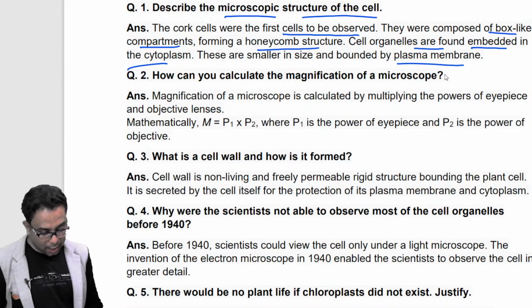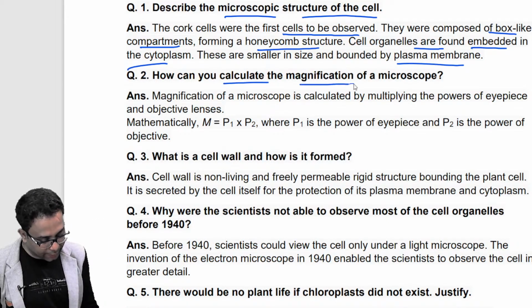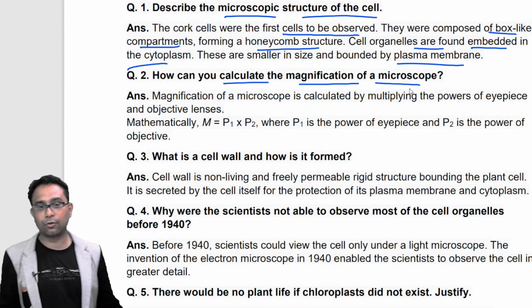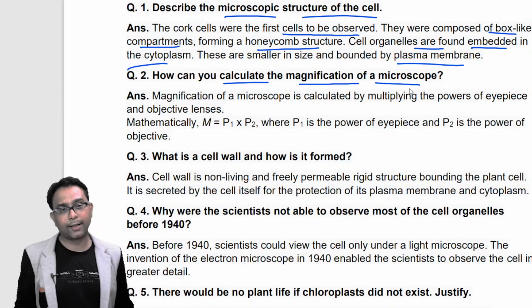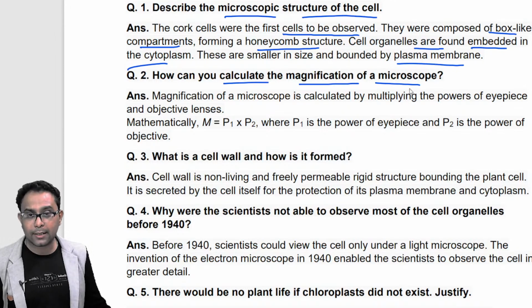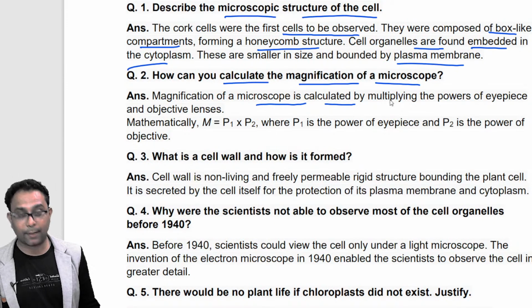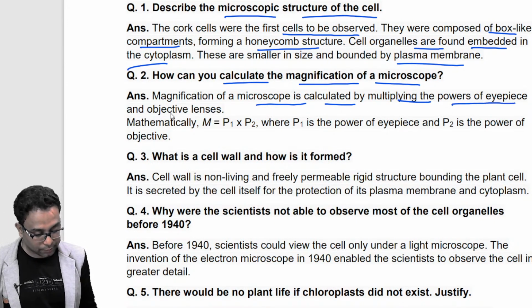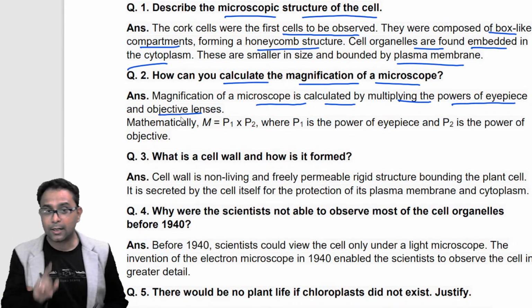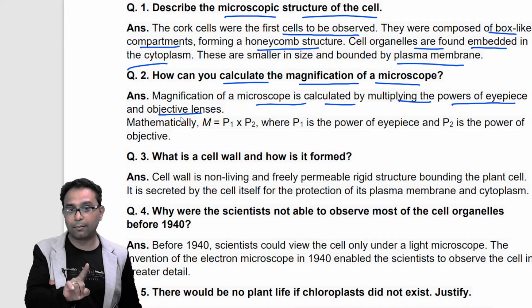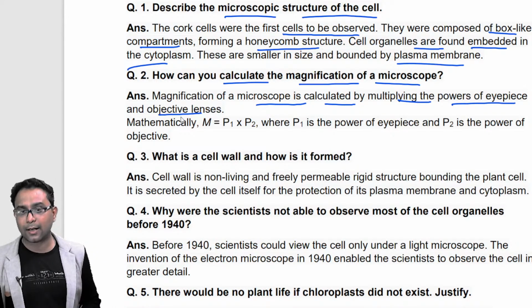Next question: how can you calculate the magnification power of a microscope? I already told you that a microscope has multiple lenses, and the magnification is calculated by multiplying the powers of the eyepiece and the objective lens. Eyepiece is one kind of lens and objective lens is another kind of lens.